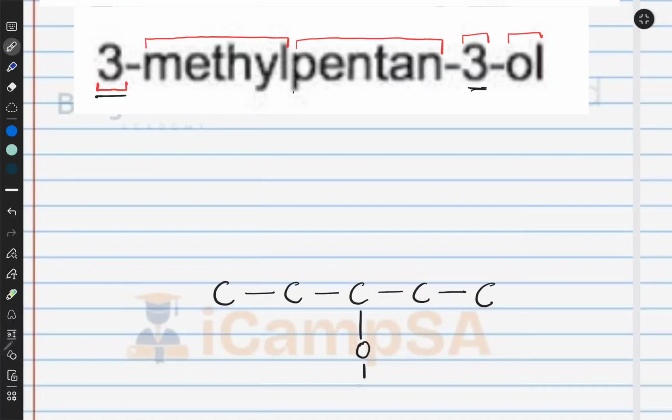For now, let's just throw it like this. And then we have our methyl group here. Okay, then we can fill the remaining carbon atoms with the hydrogen atoms that are always surrounding them. That's H.